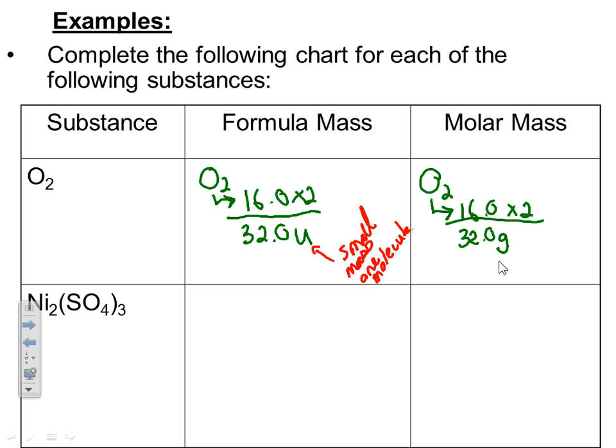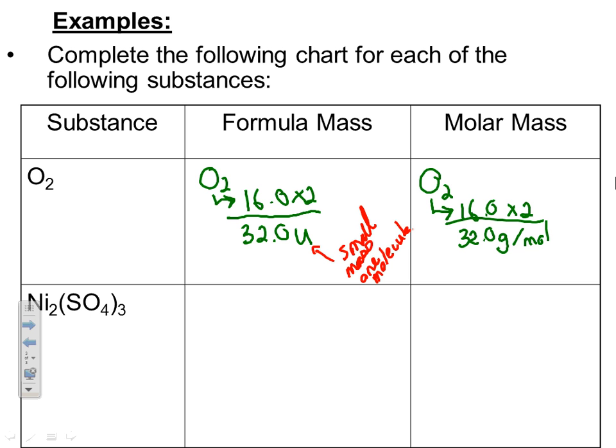This is in grams. 1 mole of a substance, it turns out, has a mass that's exactly the same as the formula mass, except it's in grams. And that's for 1 mole, so we write the unit grams per mole. So molar mass is easy. We do it exactly the same way as we did the formula mass, except now we have a new unit, grams per mole, all right?